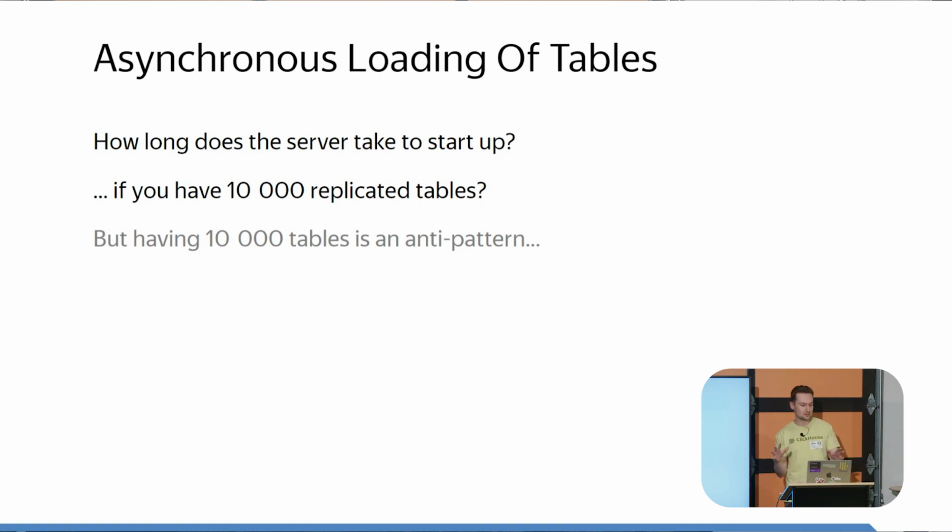Now with asynchronous loading of tables, the server will start up instantly and instantly start loading these tables. But when you query a table, if it is not loaded yet, the query will just wait for loading. So if most of these tables are not instantly used after startup, it will save time. The server will be available earlier.